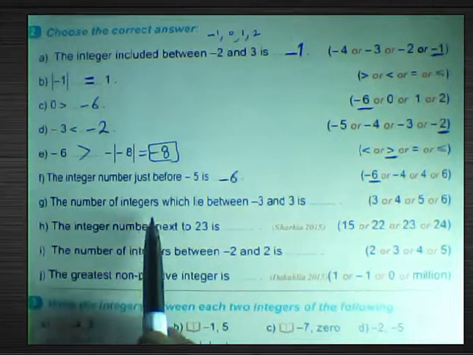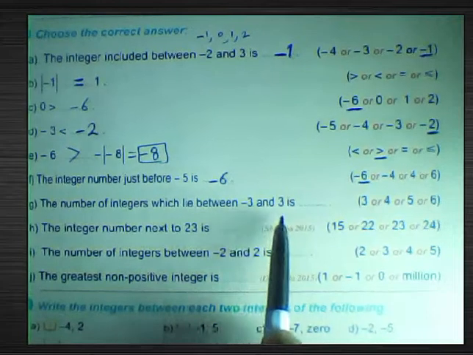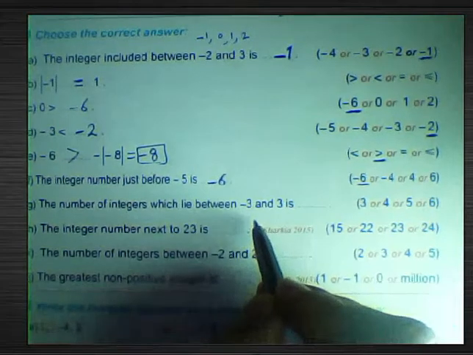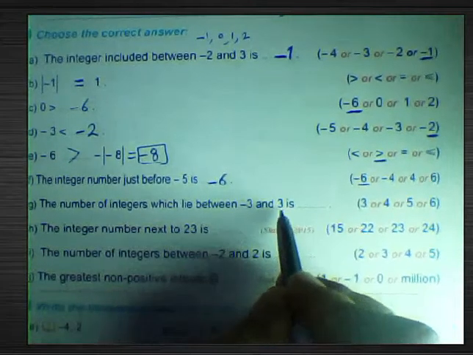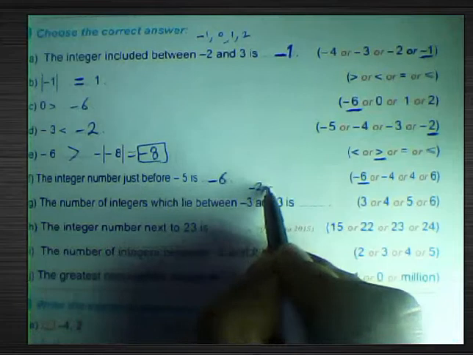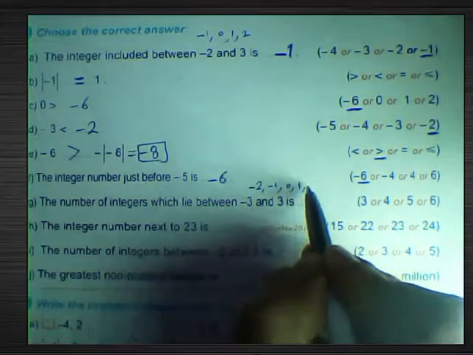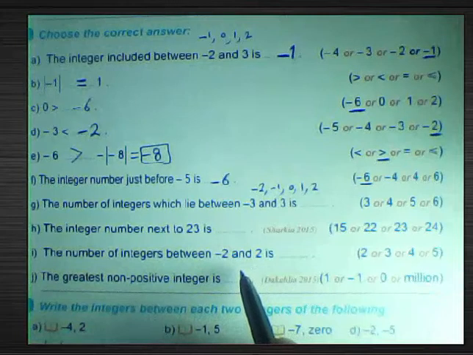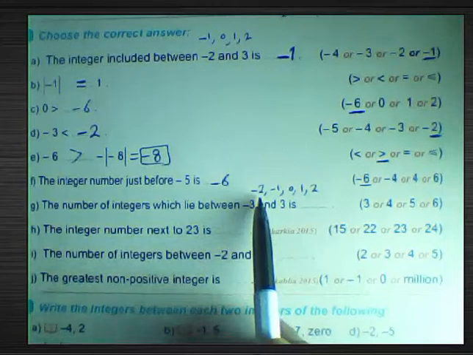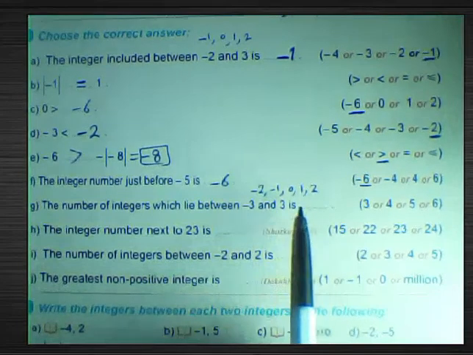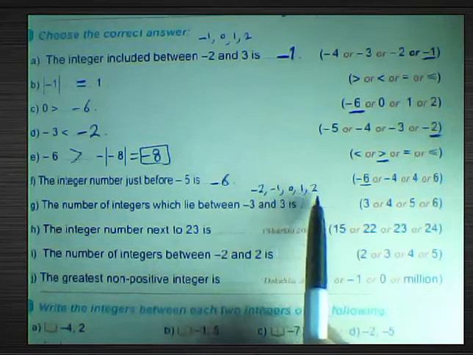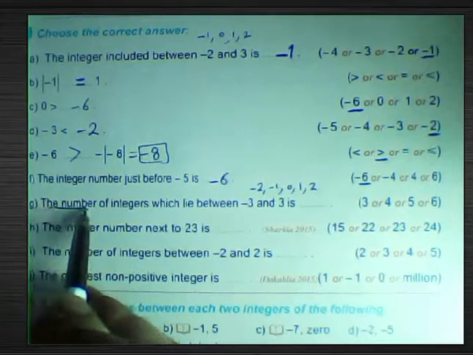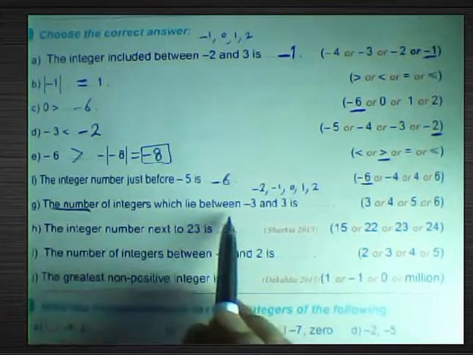The number of integers which lie between negative 3 and 3. We know the numbers between negative 3 and 3 are negative 2, negative 1, 0, 1 and 2. You want to find the number of integers which lie between negative 3 and 3.